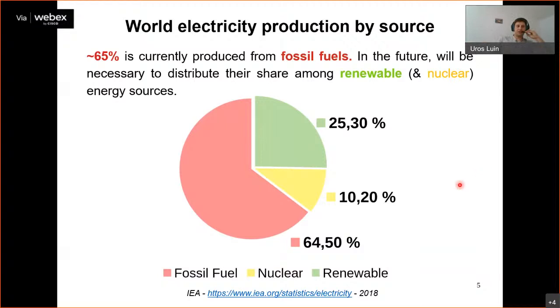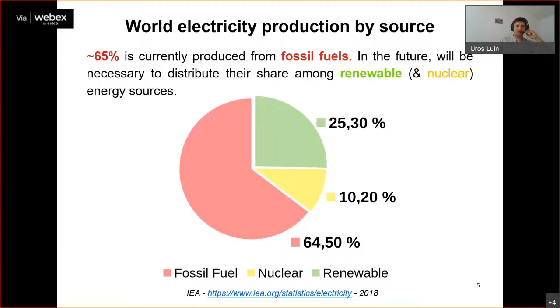As you can see, and why Professor Valant also said it will be the problem of the future, 65% of currently produced electricity is done by fossil fuels. So we are generating the majority of our electricity from fossil fuels. Just 10% is from nuclear power plants, and 25% is renewable energy.